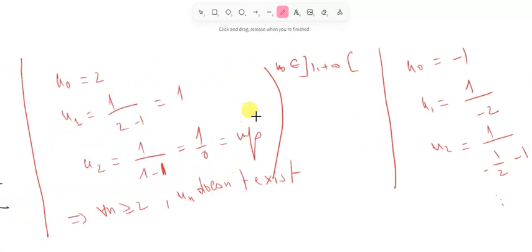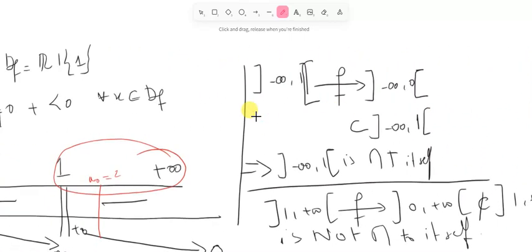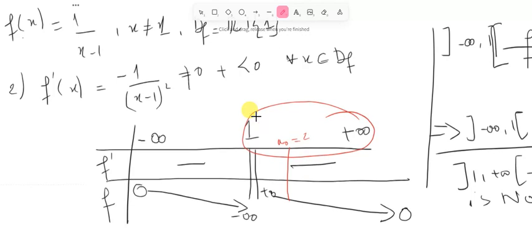In fact, if we take a look at the variation table that we have here, we will see that if we consider u0 equals minus 1 in this interval that is mapped to itself, all the elements will be in the same interval, minus infinity 0.